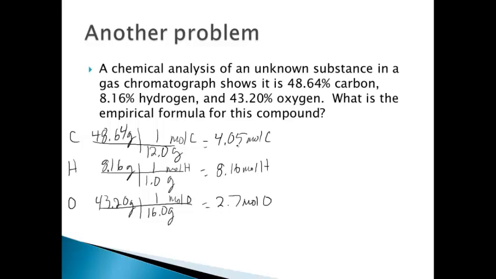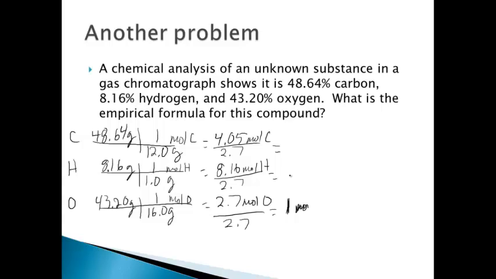Step 3, divide by the smallest number that came here. All right, the smallest number is this 2.7. So I'm going to divide everything by 2.7. And what I'm trying to look for is whole numbers. All right, 2.7 divided by 2.7 is 1. So this is going to be 1 for oxygen.